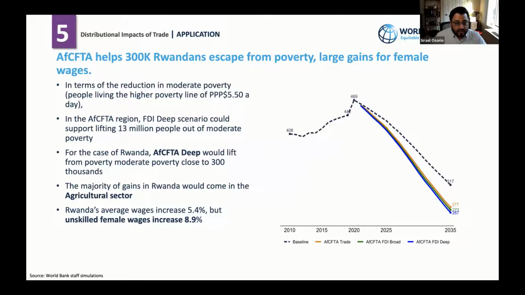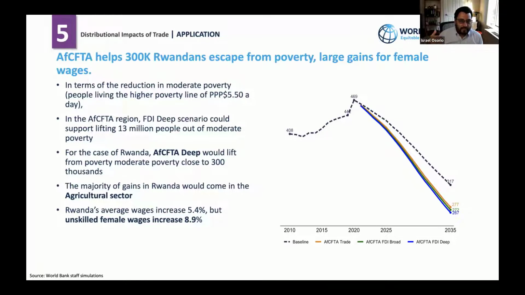So for the case of Rwanda, it can lift up to 300,000 people out of poverty by 2035 in the case of the deeper AfCFTA integration. The SAM in Rwanda is driving the results, and most of the gain will come from the agricultural sector.